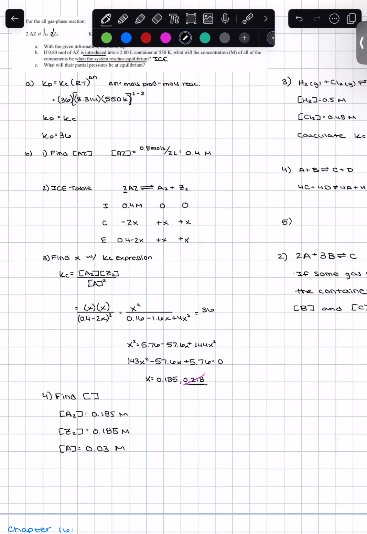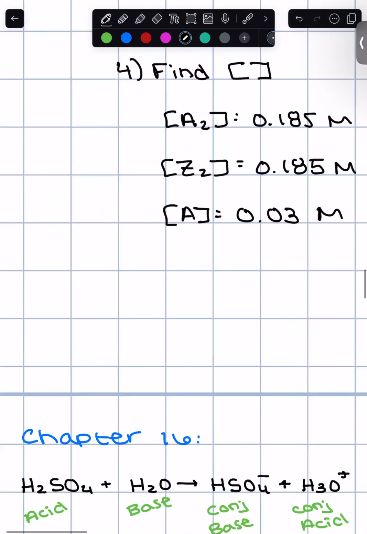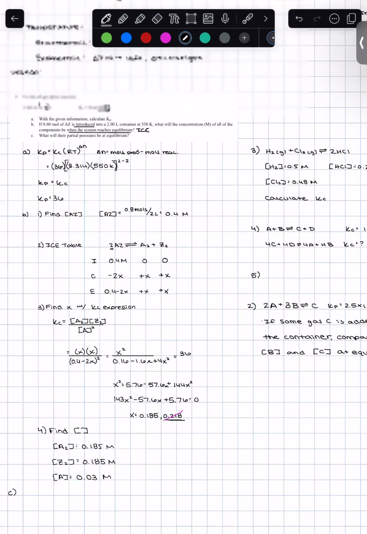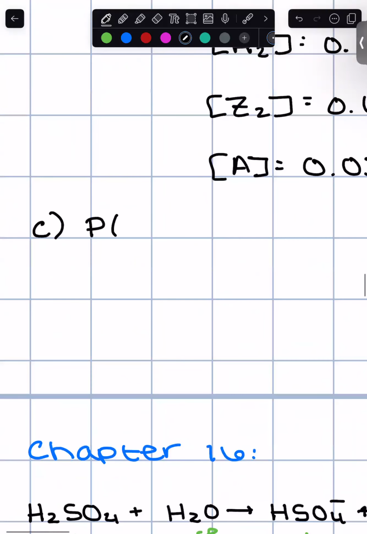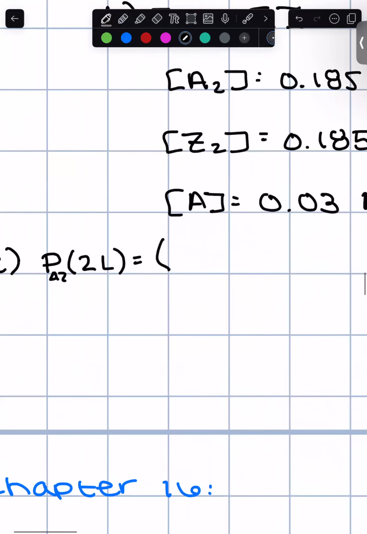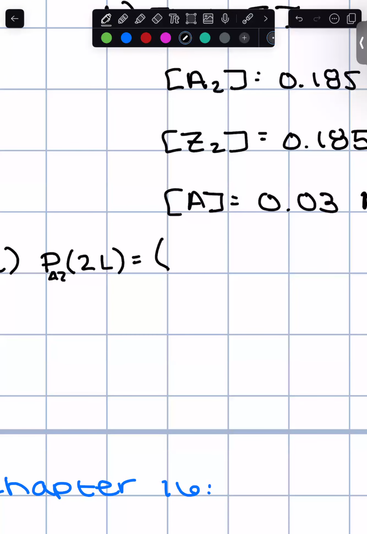All right. Now with part C, we need to convert this to pressure. This usually sneaks up on people because they just kind of forget about it. But it's asking for all of them. To do this, you're going to use PV = nRT. So P, and they give you the volume is 2 liters. We'll do AZ first. Is equal to n, so the number of moles. So we can do our molarity times our volume.